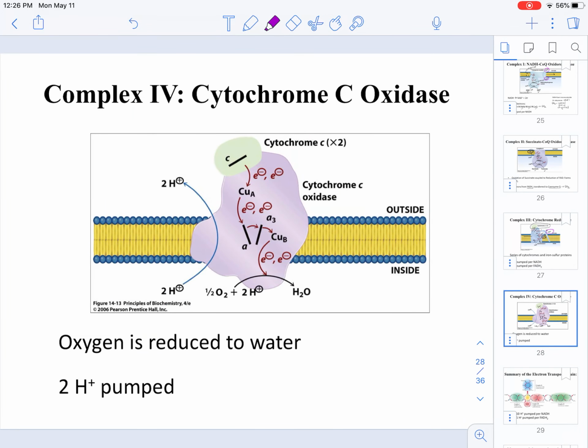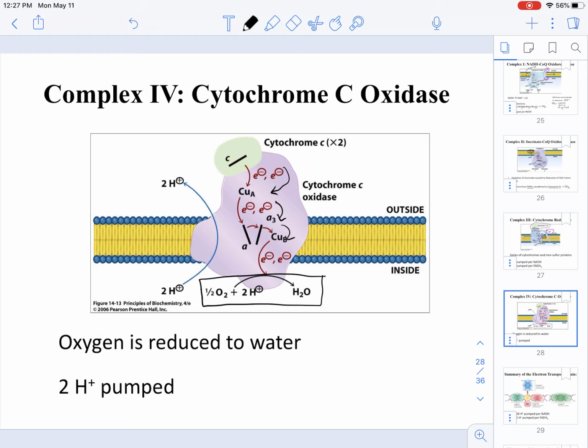Lastly, these electrons that were transported from cytochrome C land on complex 4. On complex 4, then those electrons are going to make all the way down. As you can see here, the electrons are coming down. They're going to be accepted by some systems, but ultimately, the ultimate acceptor of this process is going to be oxygen.